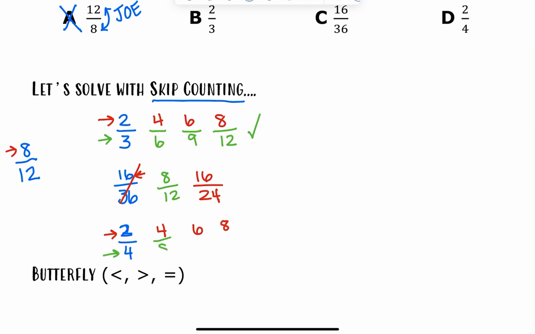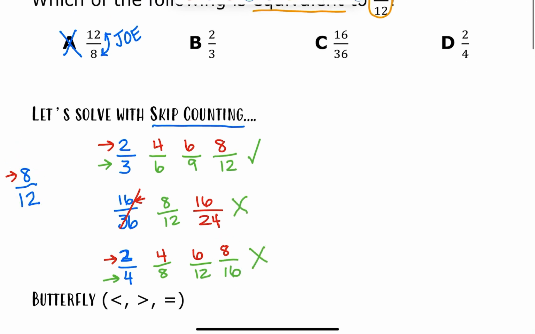So 4, 8, 12, 16. And if I'm looking, 8 over 12, 8 over 16, those are not equivalent. So that's not going to be my answer either. So obviously 2/3 was correct, because when we skip counted, we got 8 over 12, which is what we wanted in the first place. So my answer is B. So we can do that with skip counting.